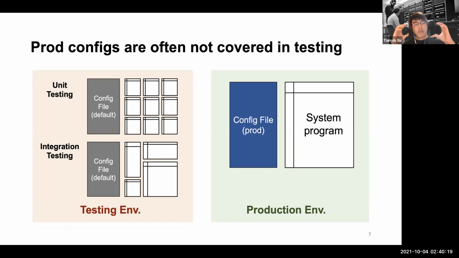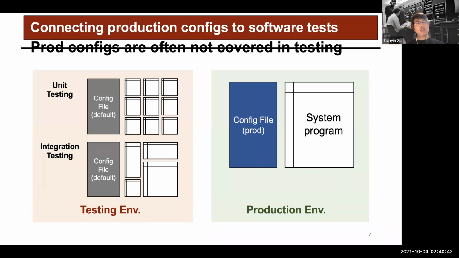And this discrepancy really causes problems, because although we spend extensive effort on testing, the configuration in the testing phase may not really cover the production configuration, right? So essentially, we are not effective or efficient in consolidating our testing efforts to protect the production environment.